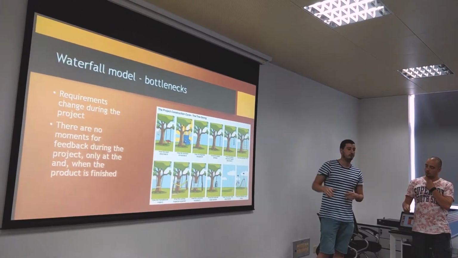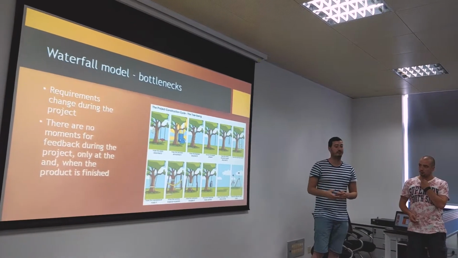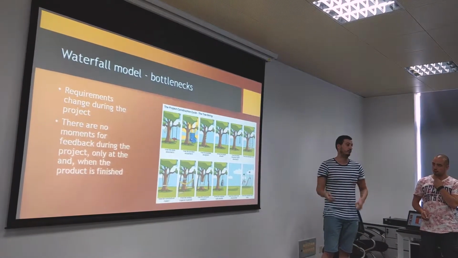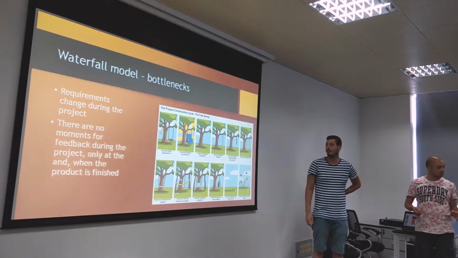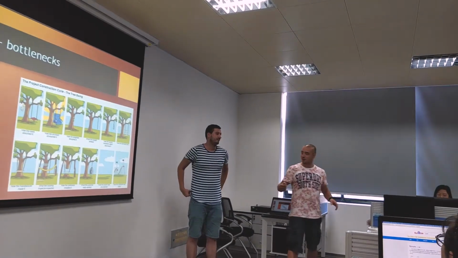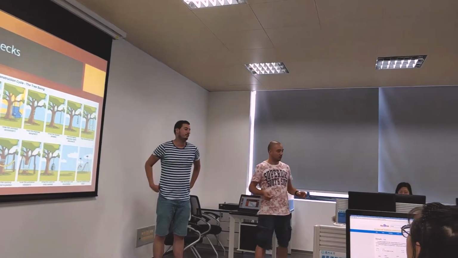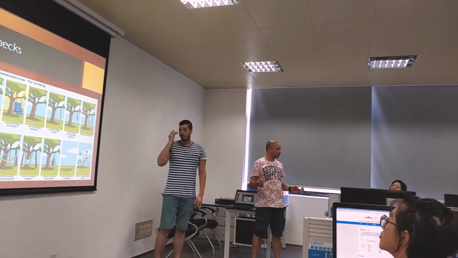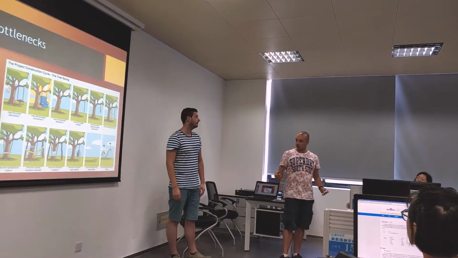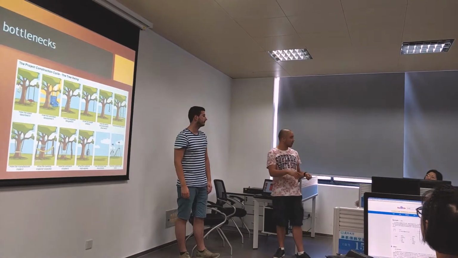The requirements often change during the project, and there are no moments of feedback during the waterfall. Because there are separate phases within the waterfall model, there is no time for feedback, and a project usually lasts a longer time, for example one year. After one year, when the product is ready, you go to the client, and the client says, that's not how I want it.